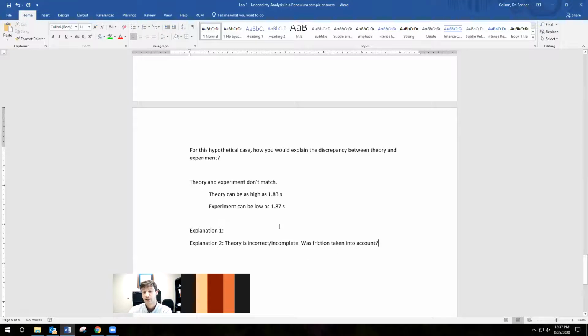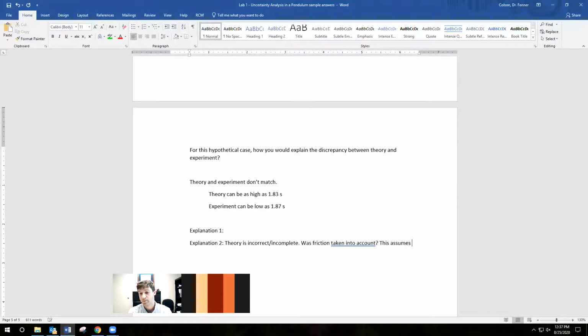And so obviously, if you have a discrepancy, it could be that your theory is simply incomplete. You're not taking into account all of the possible effects that are actually present in the experiment.